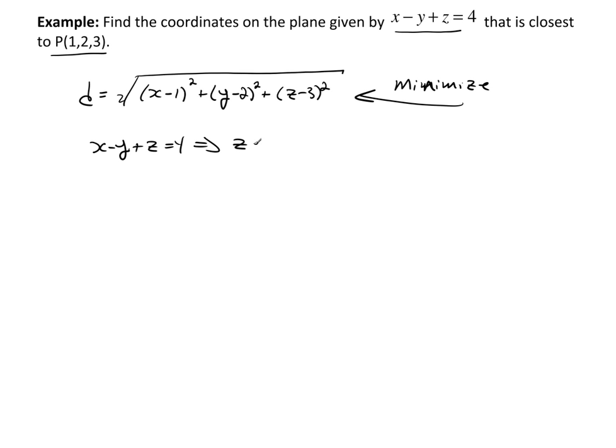That implies that z equals 4 minus x plus y. The reason that's important is I'm going to substitute this in here, so I now have a function of x and y.